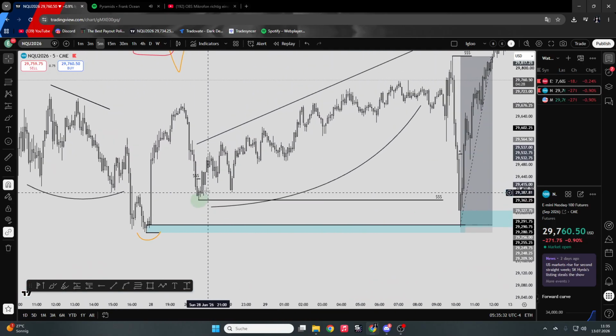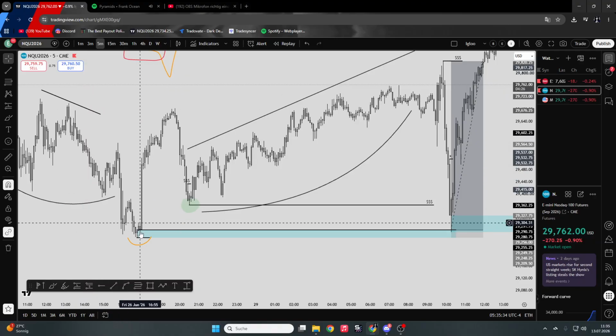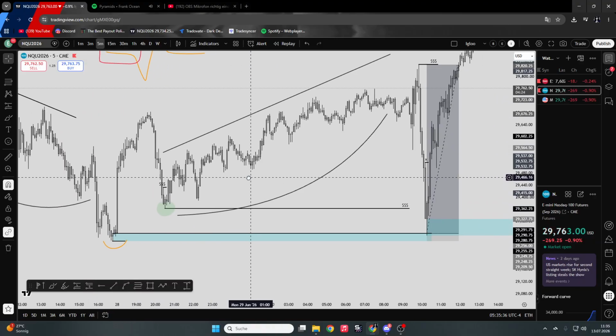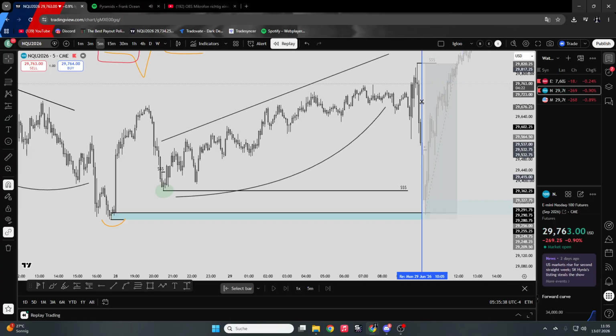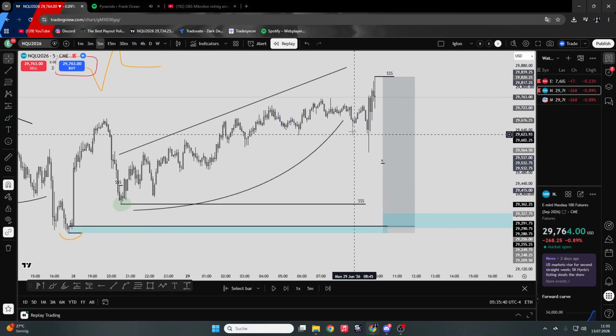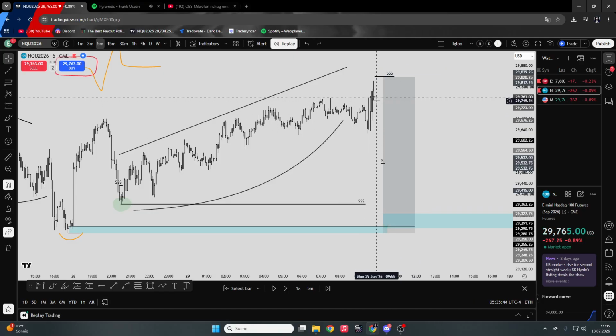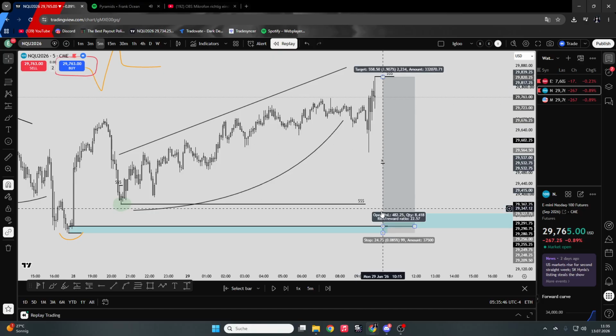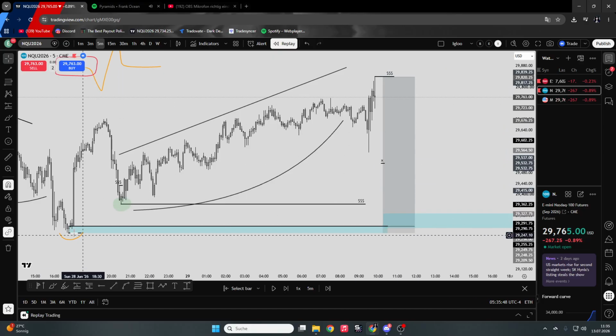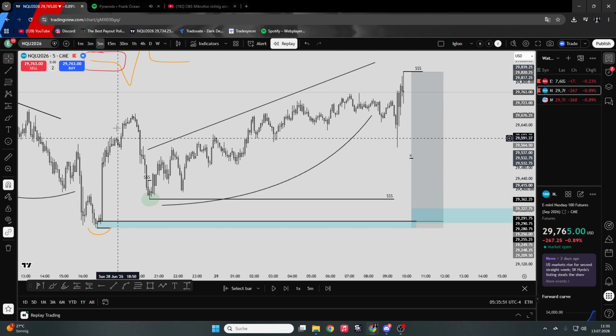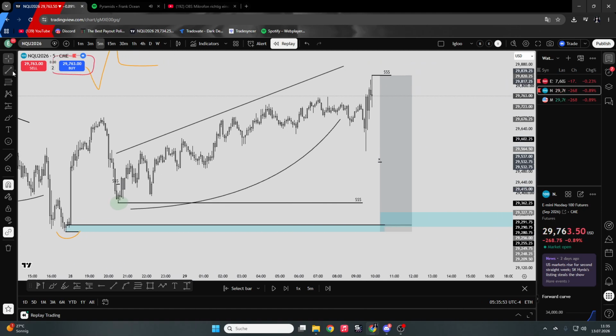So what happens? We get a low here and a low here. Obviously, if you play back and we have no manipulation yet, you cannot know if this is protected or not, because there was no manipulation yet. The manipulation happens right now.